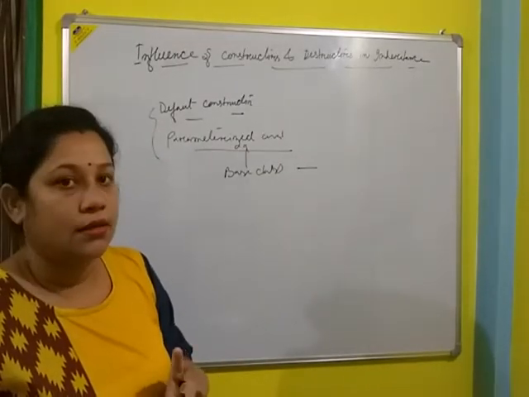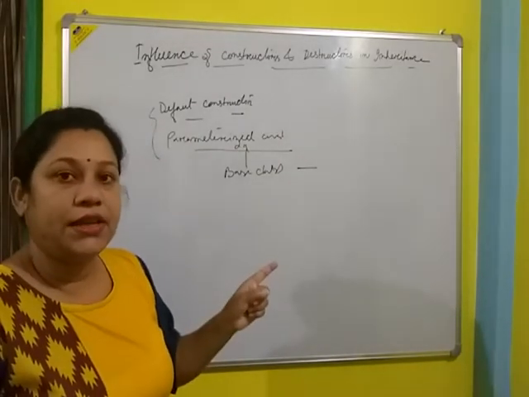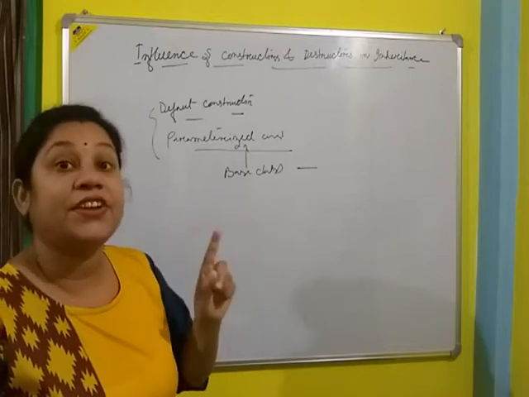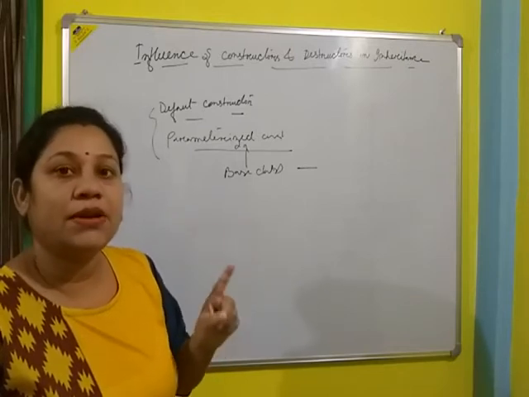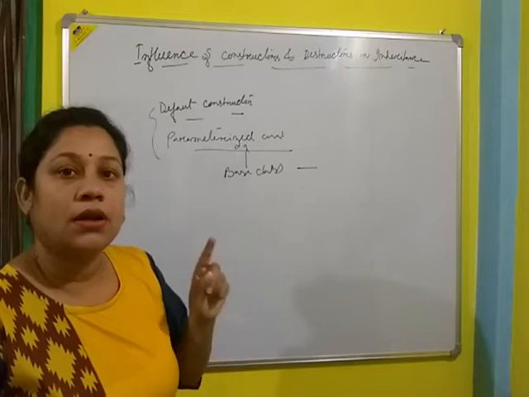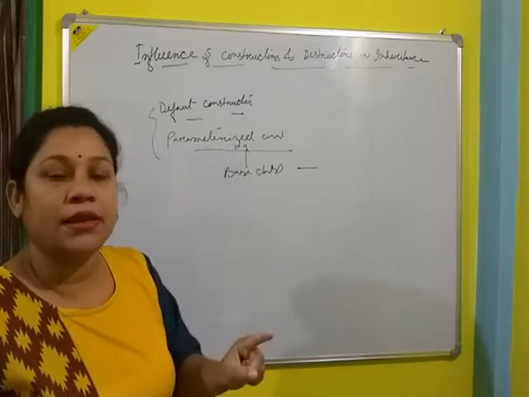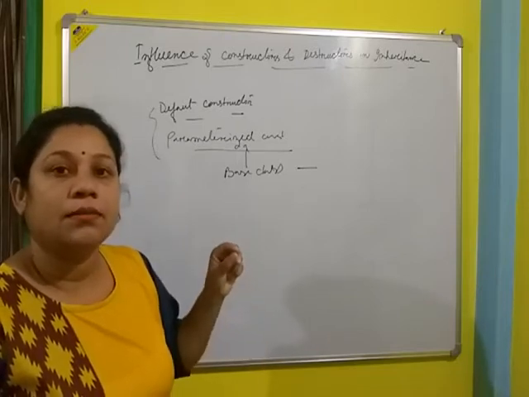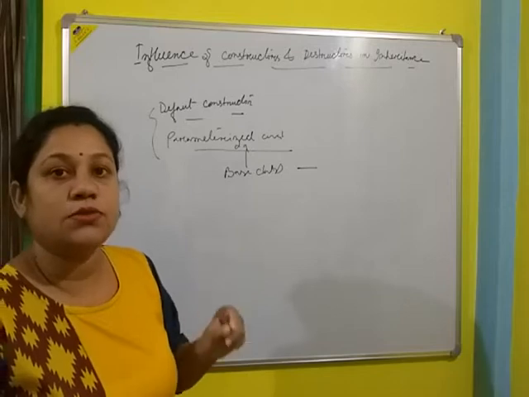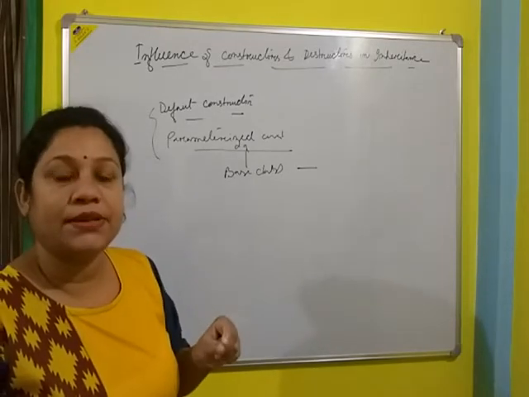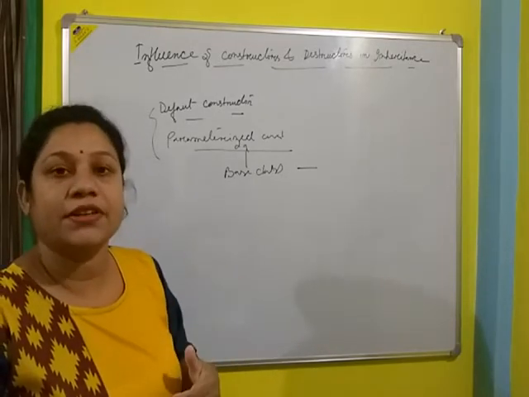Okay? Clear? The next point is, if you have a parameterized constructor. Do you remember what is a parameterized constructor? A constructor with arguments is known as a parameterized constructor. That means we are going to pass some parameter values to the parameterized constructor.